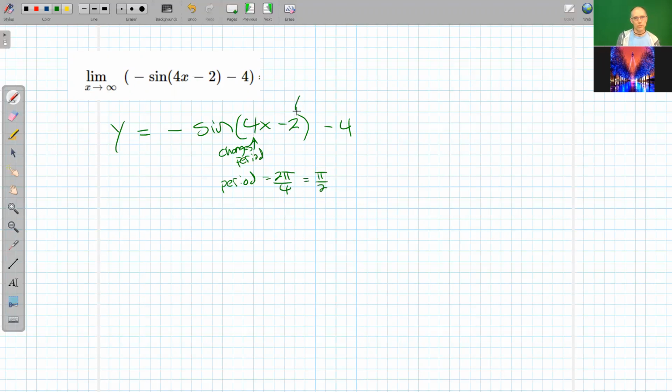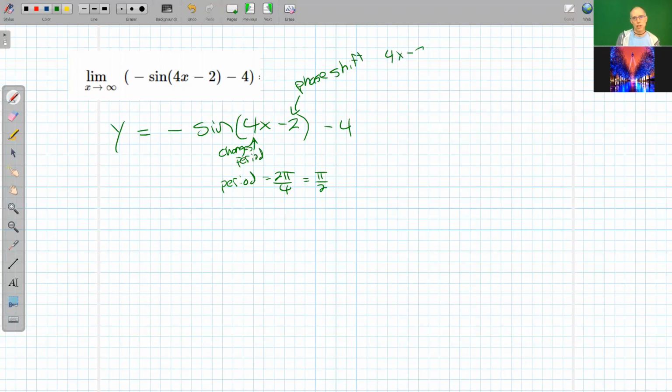This right here, if we pull the 4 out, would be a shift. Let's see, what's the right word for that? A phase shift is what we call that one. And the phase shift, you have to factor that.